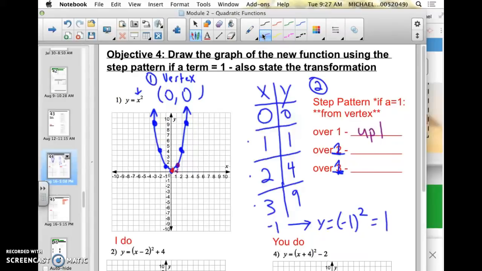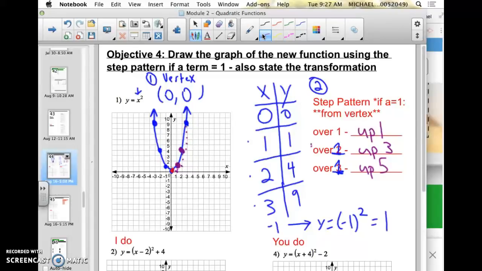Now we're here, all right? And then from this dot, we go over 1 again, which is right here. And then up 1, 2, 3. Over 1, up 3. And then finally, we're at this dot, and if we go over 1 again, we go up 1, 2, 3, 4, 5. Over 1, up 5.